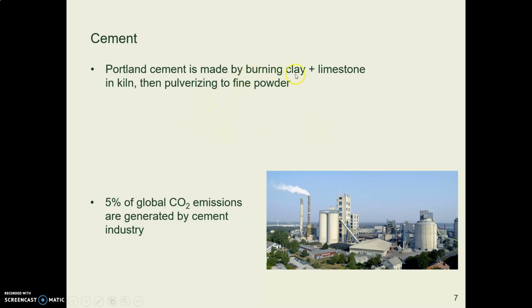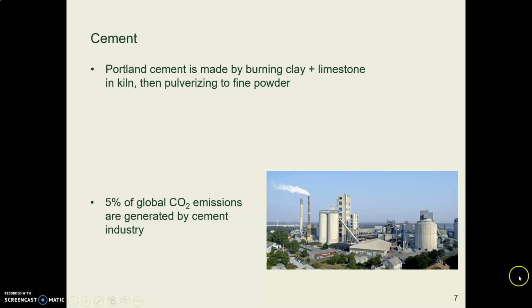And it's made by combining clay and powdered limestone and burning it very, very hot in a kiln. And after it's been burned, then it's ground to a fine powder. There is a problem with the cement industry, and that problem is carbon dioxide emissions.